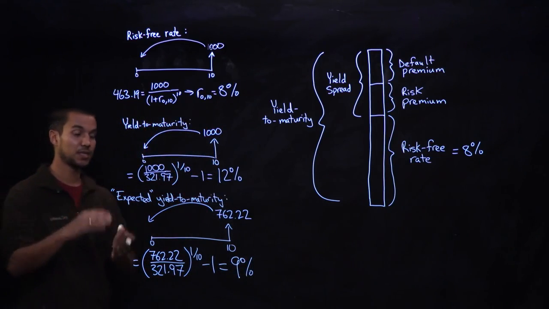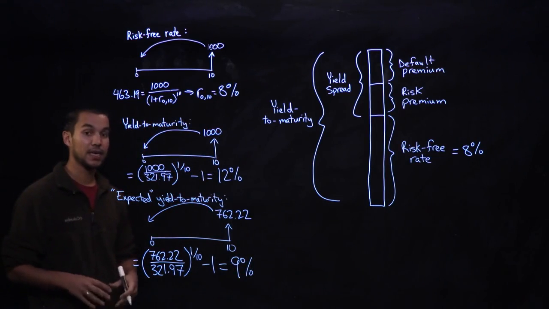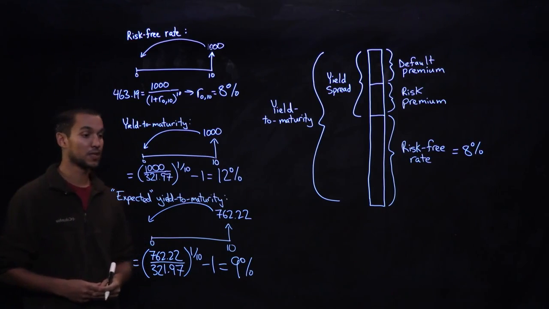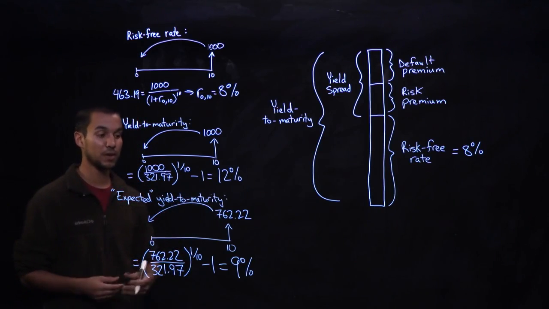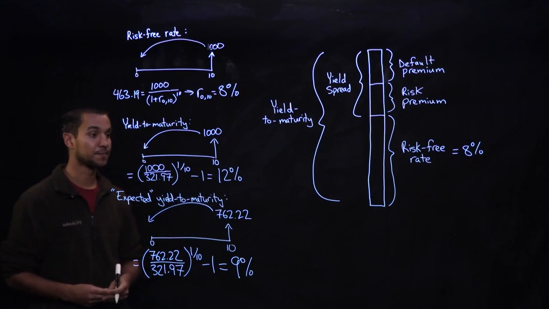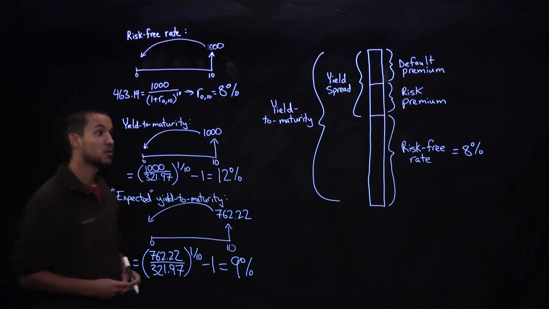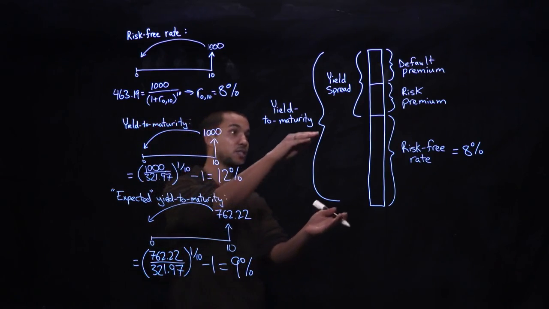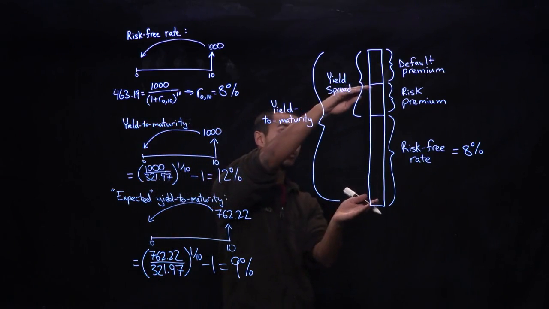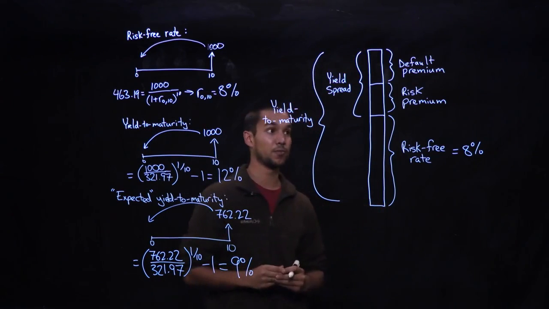And so this expected yield to maturity is independent of the default risk because we're looking at the expected cash flow, what we assume that we're going to get on average. And so we see that this expected yield to maturity is going to be equal to the risk-free rate plus the risk premium, but it's not going to include the default premium.